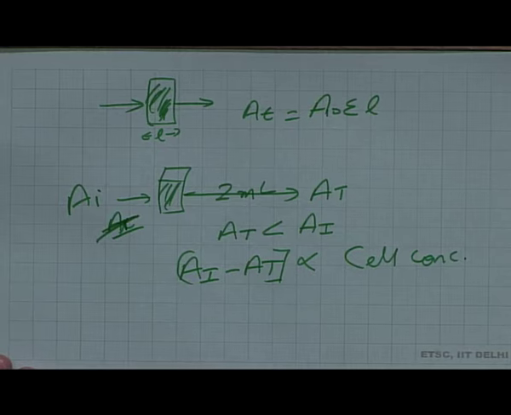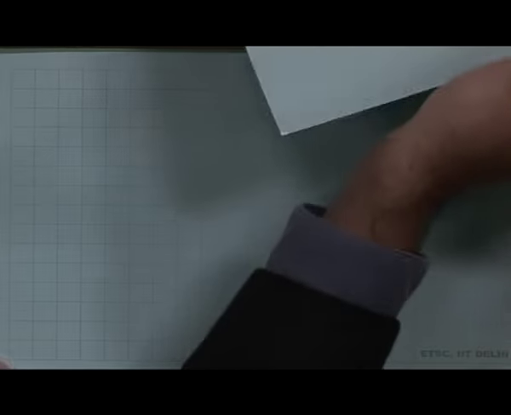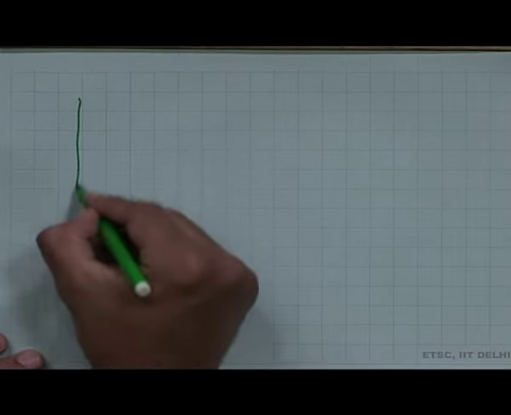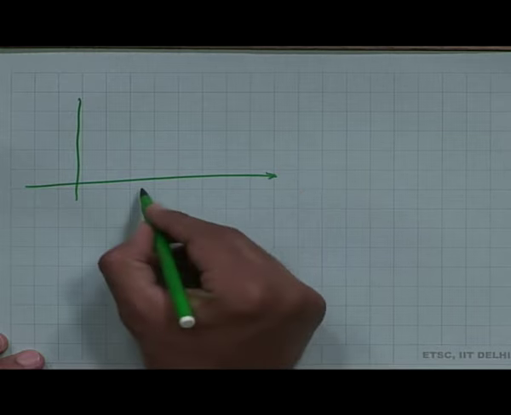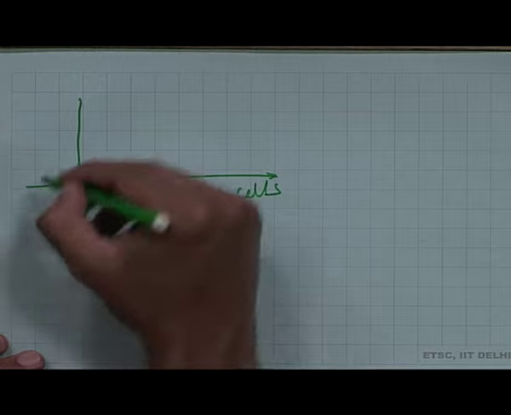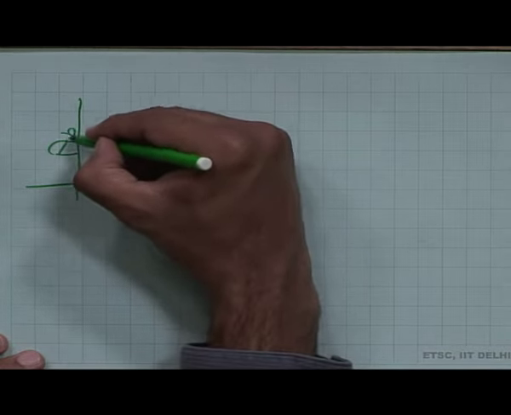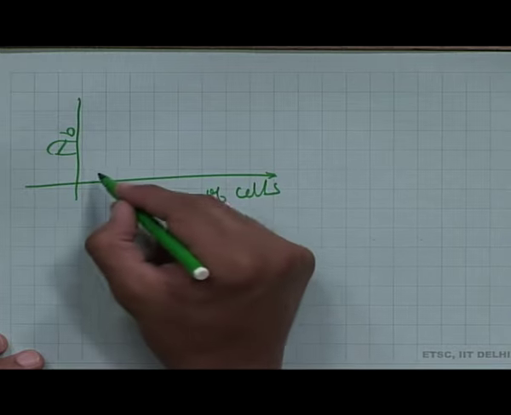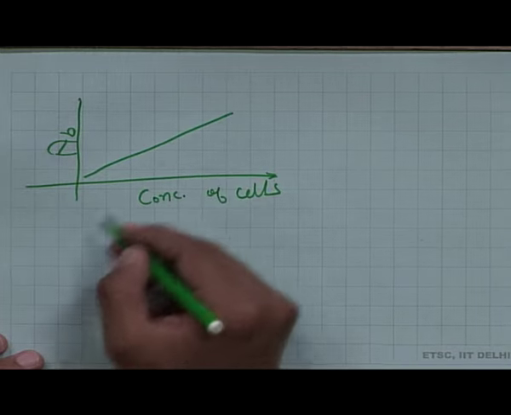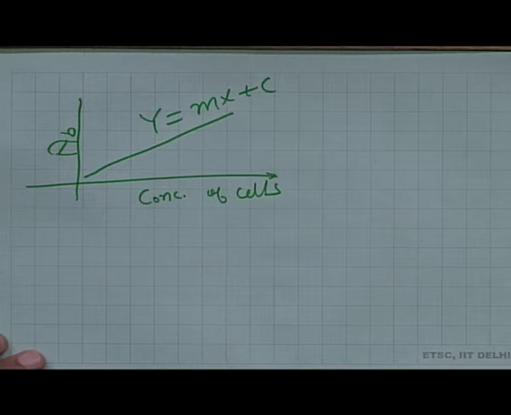Here again, basically if you have a standard curve, so for example, if you know the concentration of cells and absorbance, if you know that this is the curve and this equation is y is equal to mx plus c.